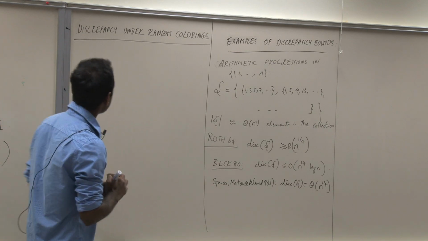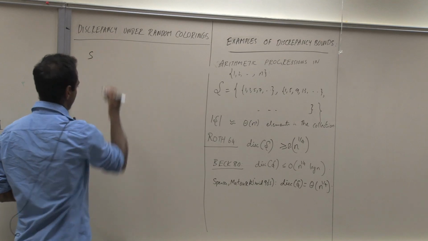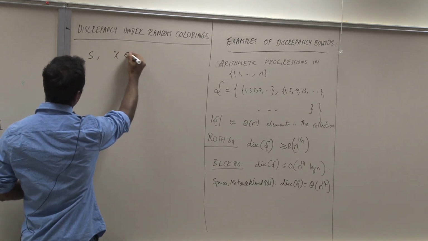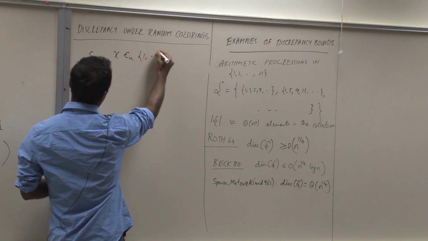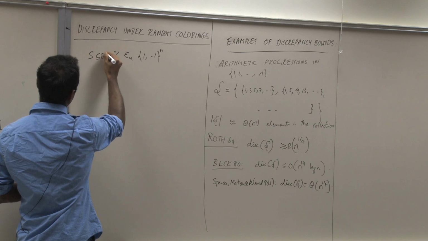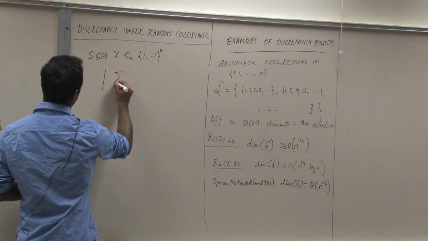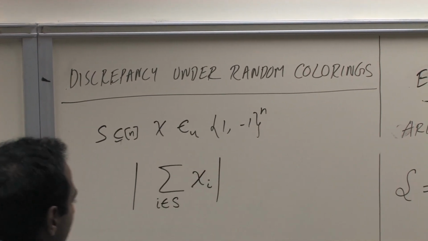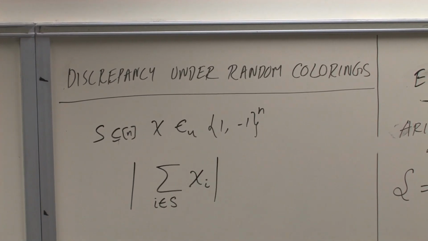Okay. So for example, if I take a single set S, then chi is uniformly random from plus or minus 1 to the n. And I sum up the entries in the set. So what should the bound on this be?